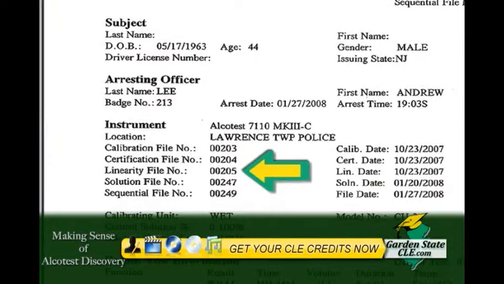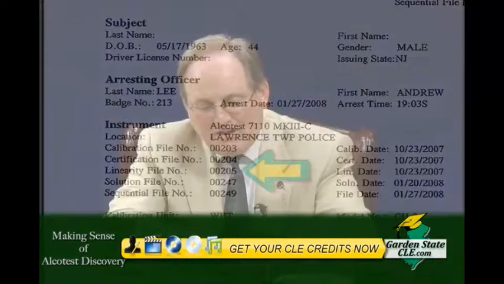The sequential file number is 00205, and this ties into the document we'll see later where 3 different strengths of simulator are run, 0.04, 0.08, and 0.16. The idea being that those different strengths are kind of like the marks on a ruler. We want to make sure that if we're going to use this ruler to measure a blood alcohol strength or a breath alcohol strength, that we know it's going to be reliably placed in relation to the different hash marks that are identified at 0.04, 0.08, and 0.16.